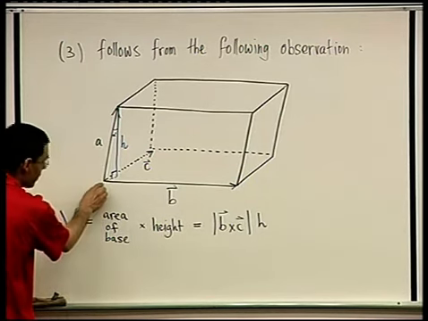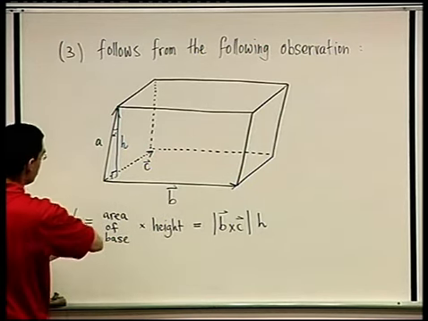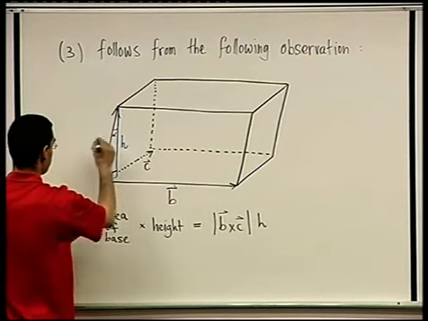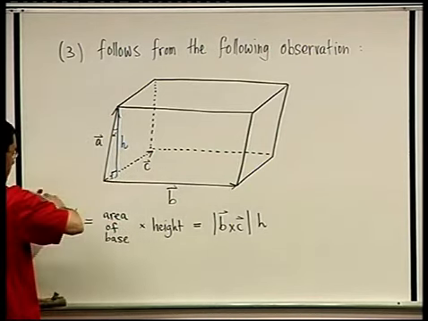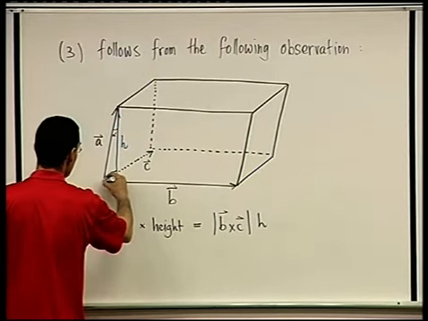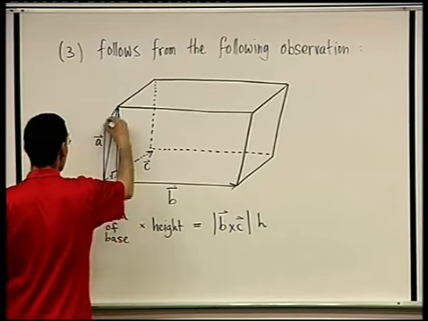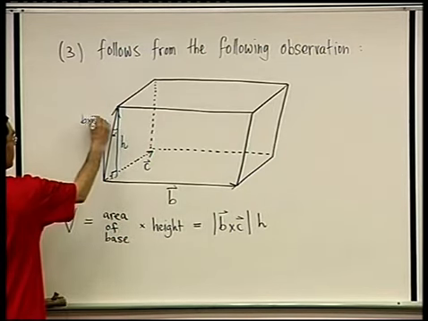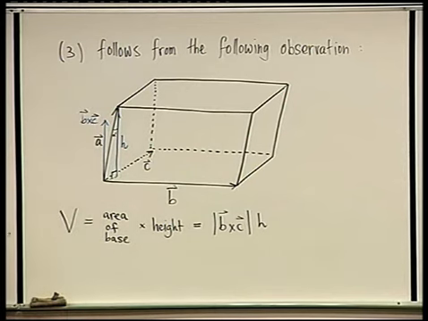But if B starts here and C starts here, to be consistent with the way we drew things previously, then B cross C, I would need to draw something like this. This is B cross C. Do you agree? Everybody?